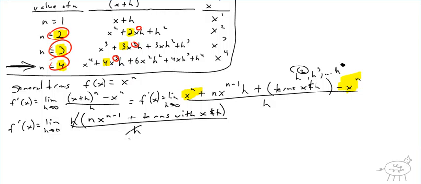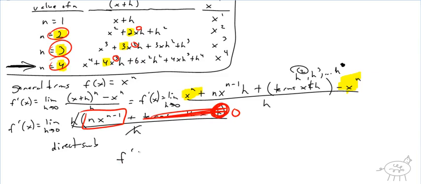Of course, the h's cancel, and then when I do direct substitution, what happens? Because I have h's left here, all these terms go to 0, and the only thing I have left over is this one right here. And that is my general term.